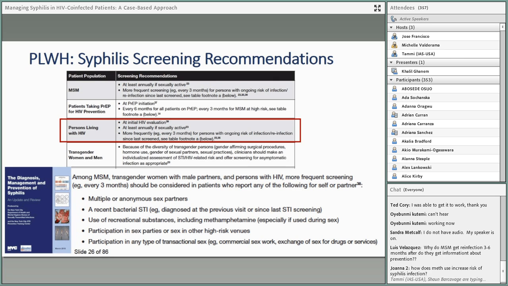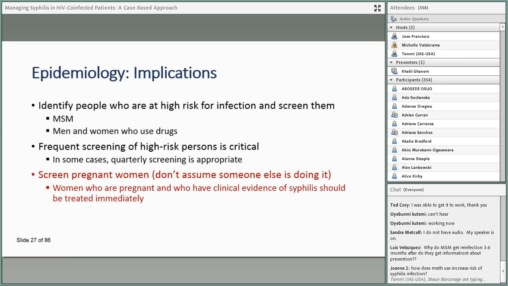It's great because it has a summary of who should be screened, and amongst persons living with HIV, you should be screening at initial HIV evaluation and at least annually if sexually active, but remember, more frequent screening, that is every 3 months, in some people with ongoing risk and high risk of infection and reinfection.